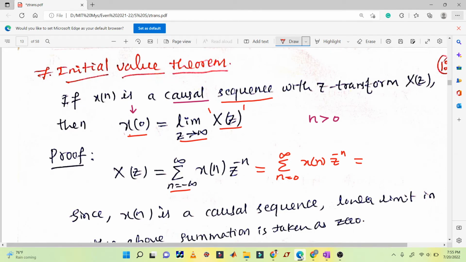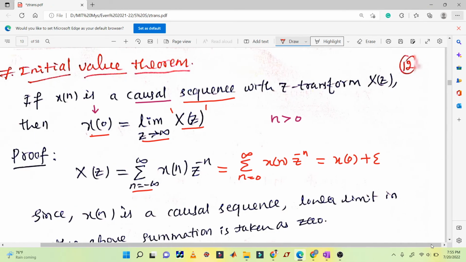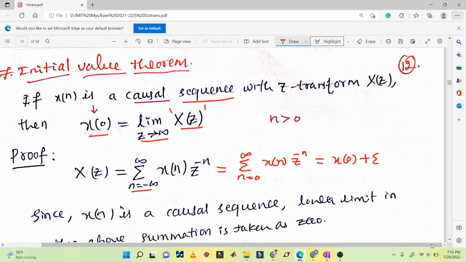If I substitute n is equal to 0, z to the power minus 0 will be 1. So it is x of 0 multiplied by 1 plus the summation n is equal to 1 to infinity x of n z power minus n.